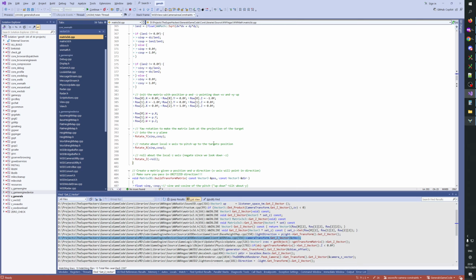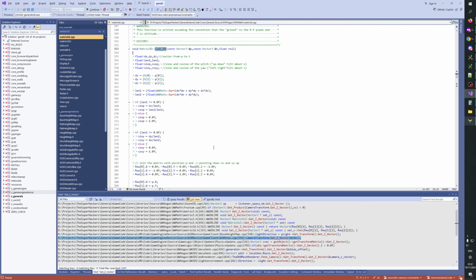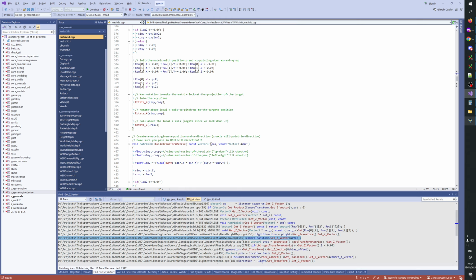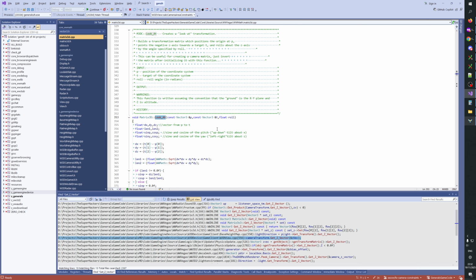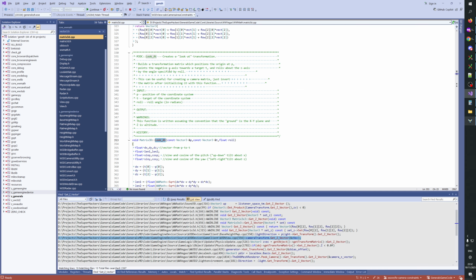Pitch up to the target's position. Builds a transformation matrix which positions the origin at P. Points the negative z-axis towards a target T and rolls about the z-axis by the angle specified by roll.